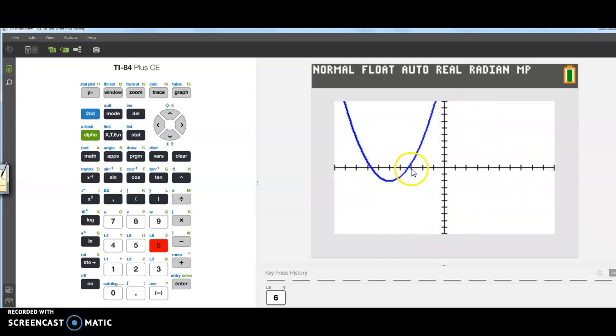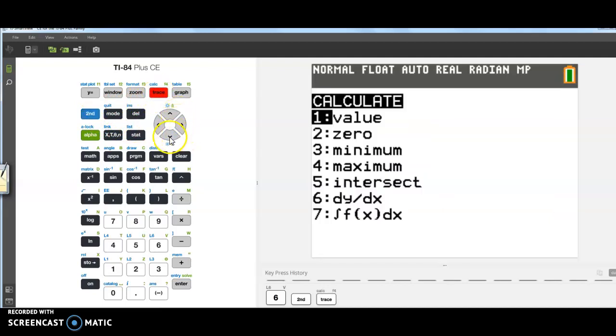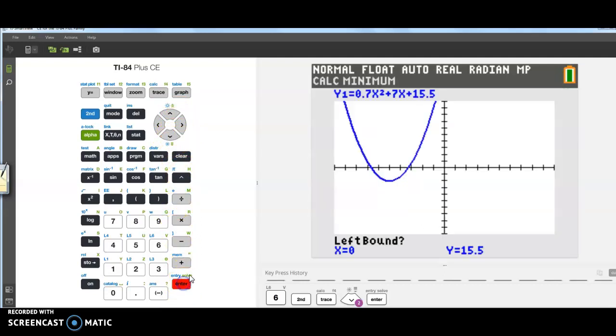And we see that this works very well for our parabola because we see the shape of the graph and we see our key point, the vertex or the minimum. So we're going to try to find the ordered pair for this point, and to do that we'll use second and the trace button. Because that is a low point on the graph, that is a minimum, we're going to choose option 3, minimum.